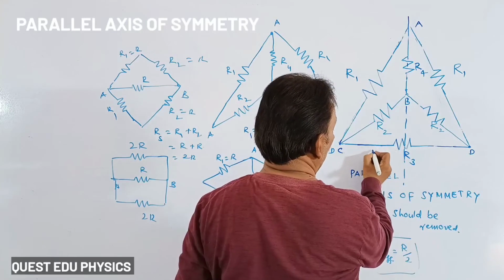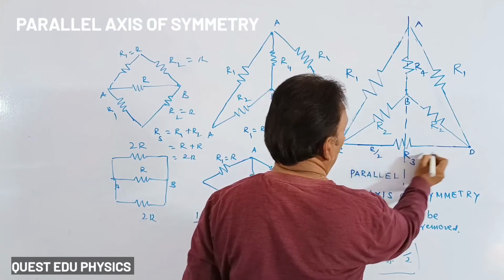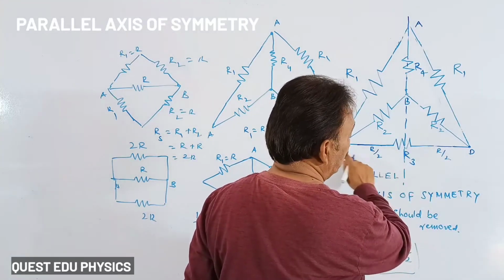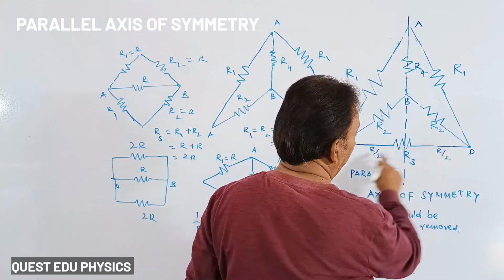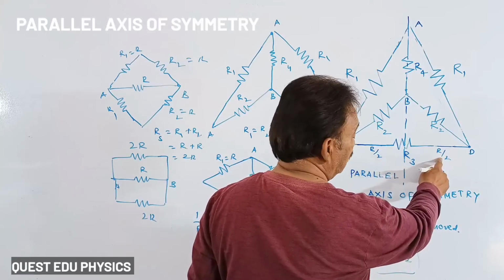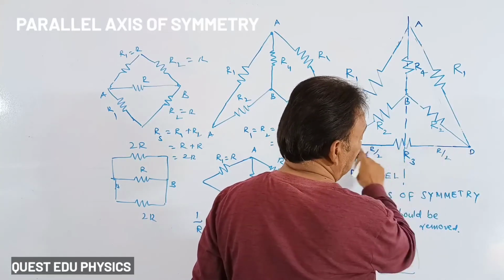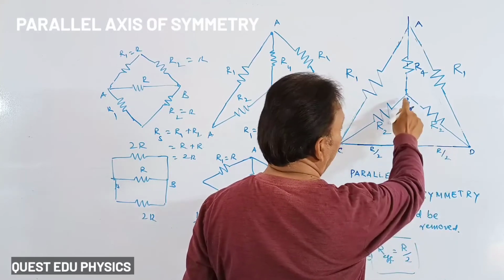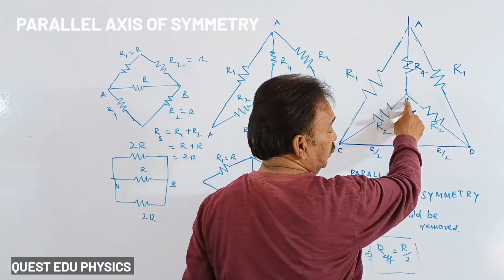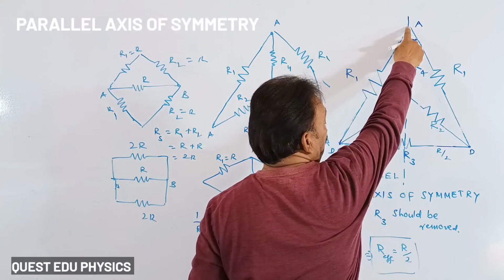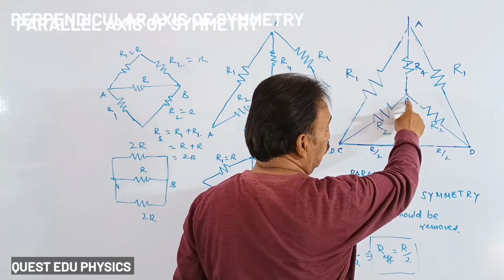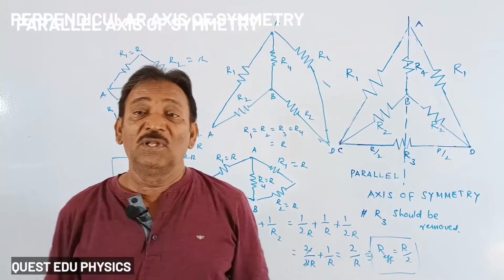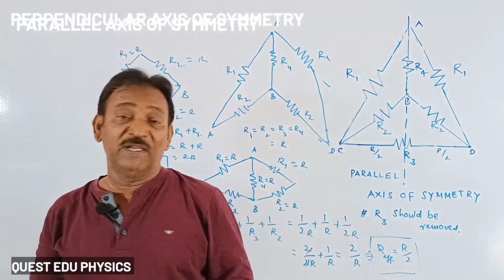If you remove this resistor R3, you can say it is R by 2 and R by 2, dividing into 2 parts equally. That means they have the same resistance, and these 2 points have the same potential. That's why no current will flow through this. But here, these 2 points are at different potentials. A has a particular potential and B has another potential. In that way, we can solve the circuit very easily.